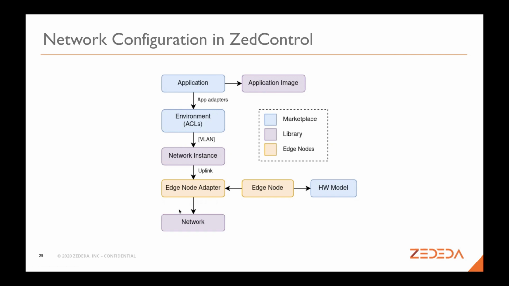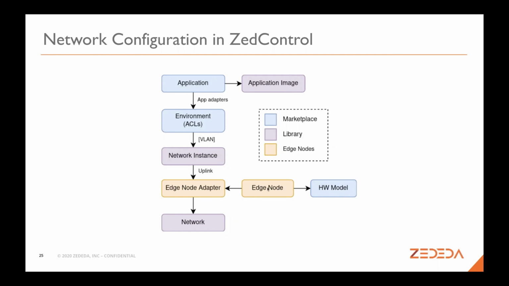So firstly, let's go from the bottom up. You are configuring networks. These are the physical networks to which your device is connected. You configure this under the library tab. And then you are creating your edge node. When creating your edge node, you use a model from the marketplace, which was edited using ZCLI.